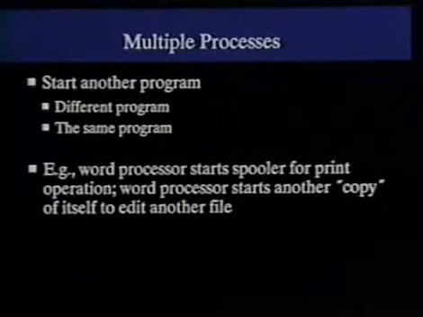We can start a different program, and an example of that would be, if your application were a word processor and the user has selected that it's time to print. The print requires that a spooler be running. Your application could start the spooler if it hadn't already been started. So this is an example of one program starting another program, or a process starting a completely separate process.